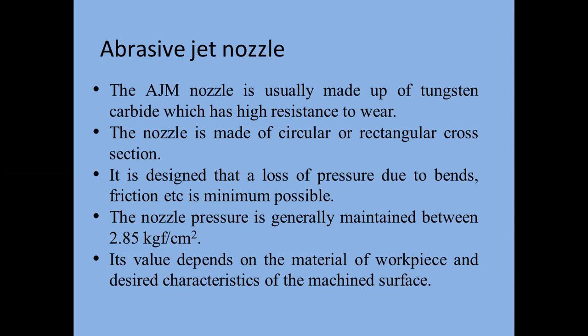The pressure generally maintained is 2.85 kg per centimeter square. Its value depends on the material of the workpiece and the desired characteristics of the machined surface. If you are cleaning, it reduces; if you are cutting, it increases. So those are the features of the abrasive jet nozzle.